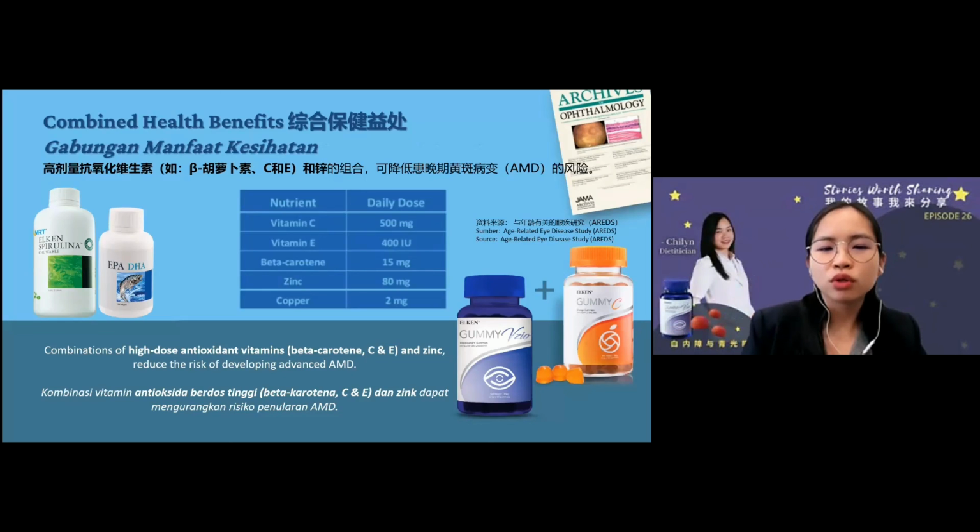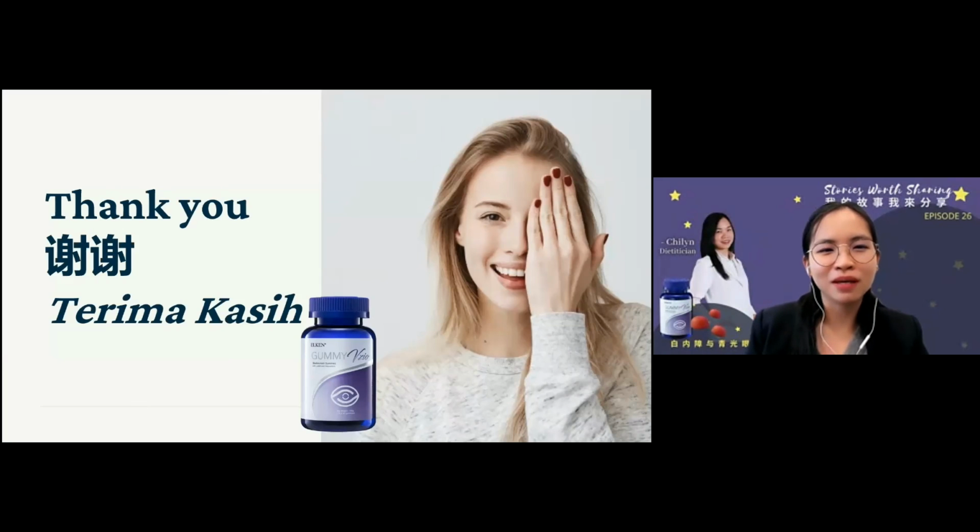So besides gummy Visio, you can also cooperate it with gummy C. And depending on yourself and your own diet, like whether you're able to get these important nutrients like omega-3 or other antioxidants, you can also add on an appropriate amount of spirulina and EPA, DHA to supplement the things you aren't able to get through food.